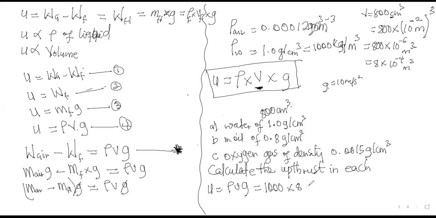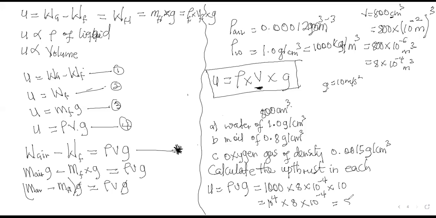So 8 times 10 to the power negative 4 times acceleration due to gravity, which is 10 meter per second squared. So times 10. When I put them together, I have 1,000 times 10 times 8 times 10 to the power negative 4. 10 to the power 4 times 10 to the power negative 4 is equal to 10 to the power 0.